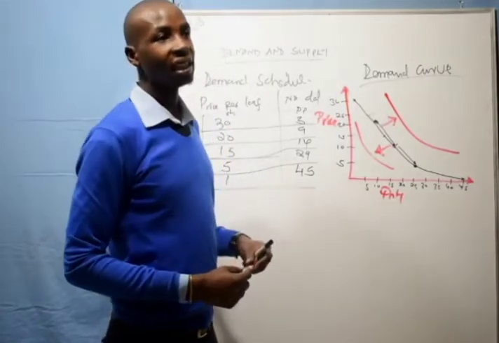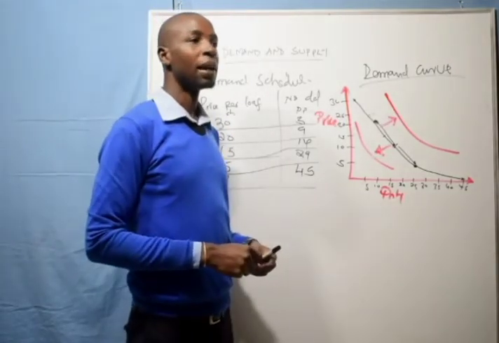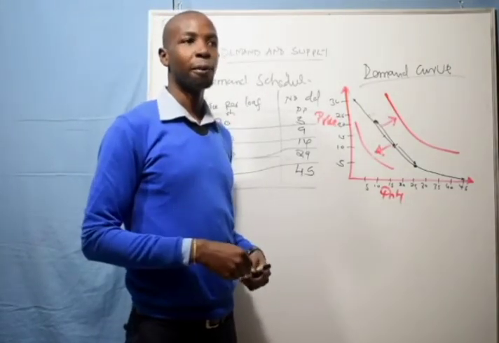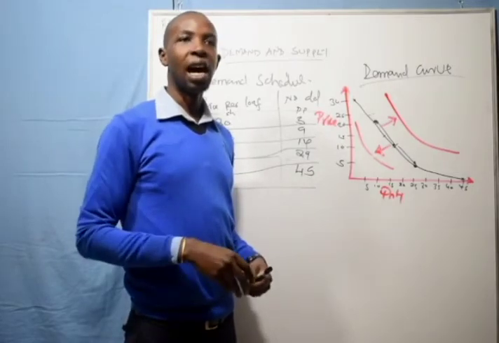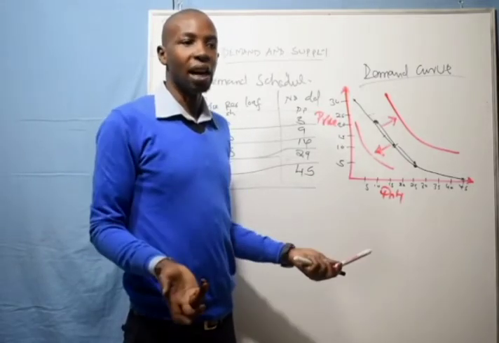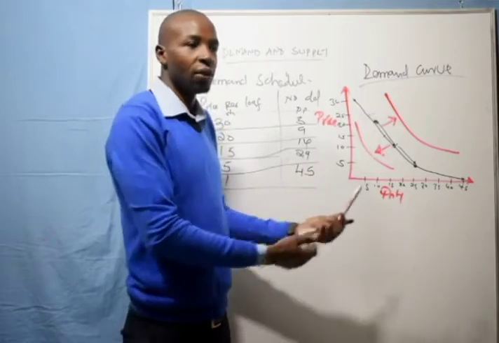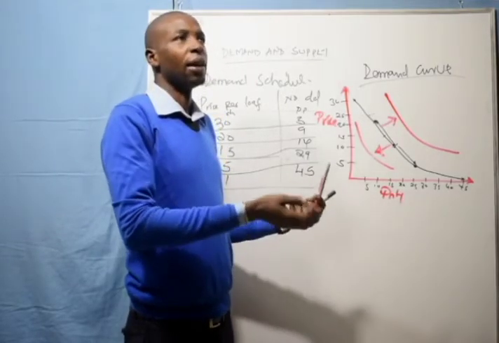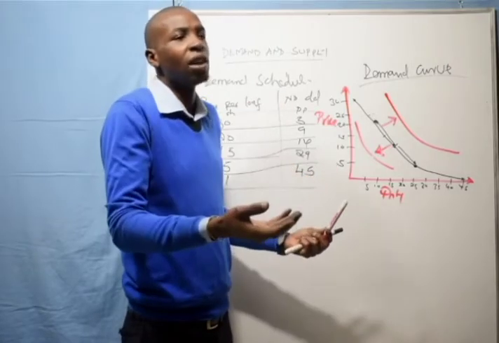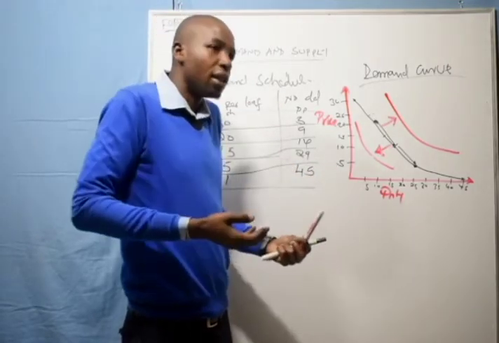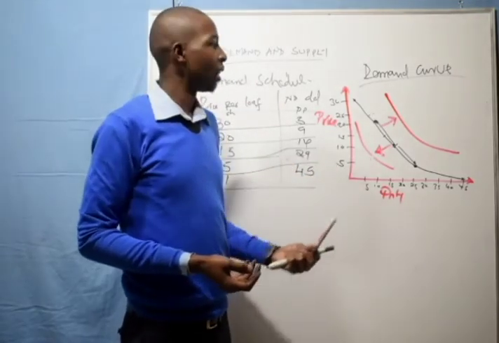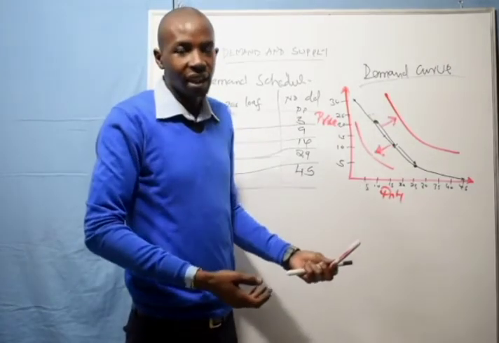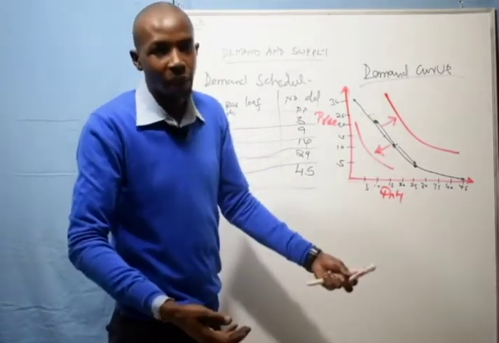You realize that at times in the market, prices normally do come down and the quantities are quite much. So what has informed that? It is not like the price has gone high and the demand has gone low. No, the price can go high and the demand too is going at the same pace.